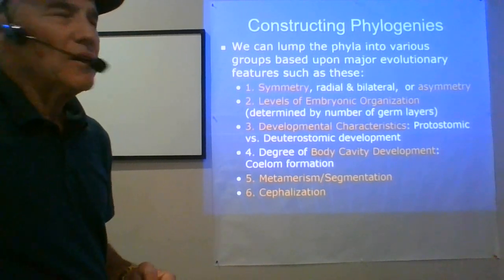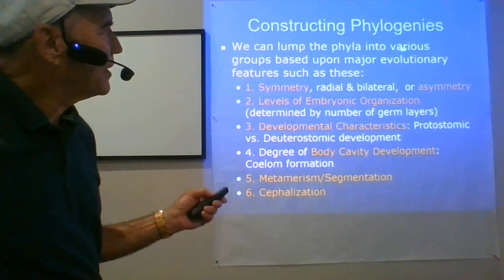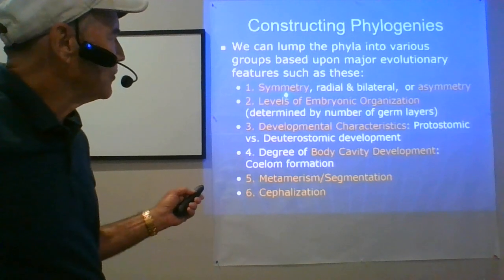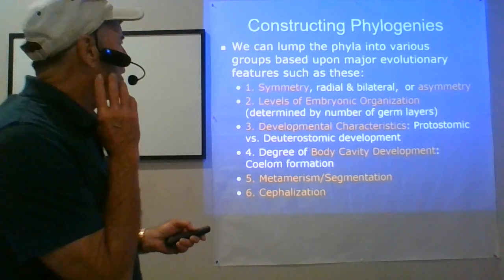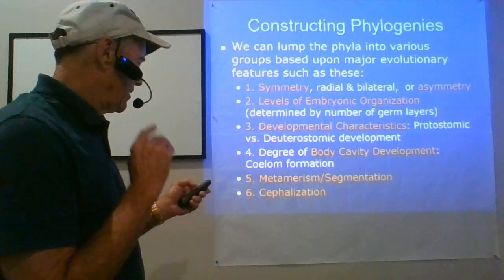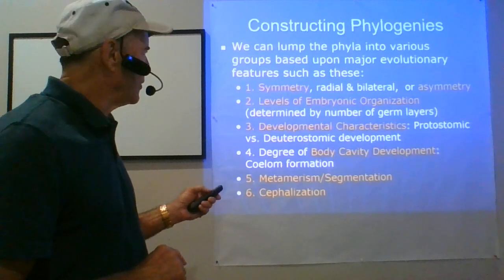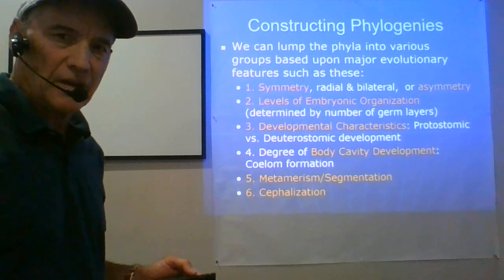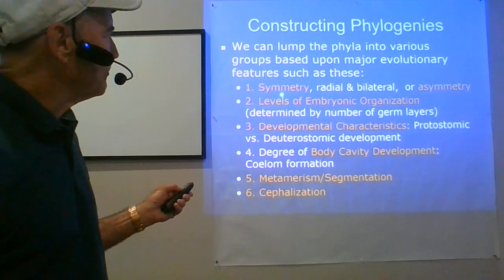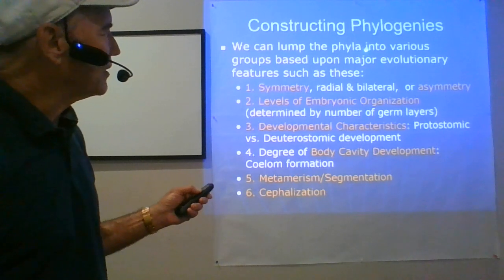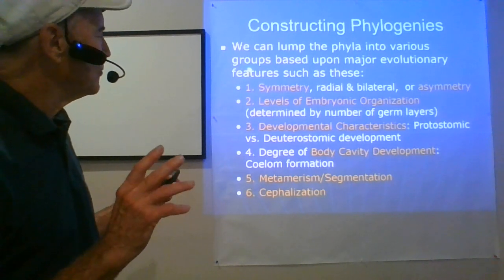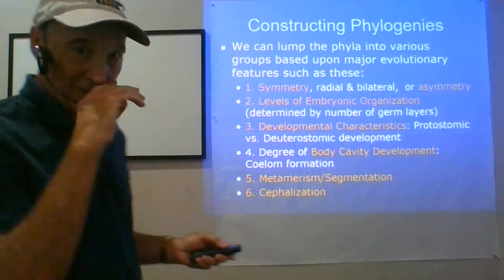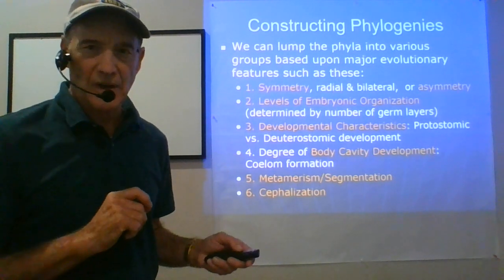Here we can lump the phyla, the groupings of animals, into various groups based upon major evolutionary features such as these. Symmetry. Let's do this slide and then we will shut down this particular video, and we'll finish it in the next video. In other words, what kind of symmetry does the organism have?